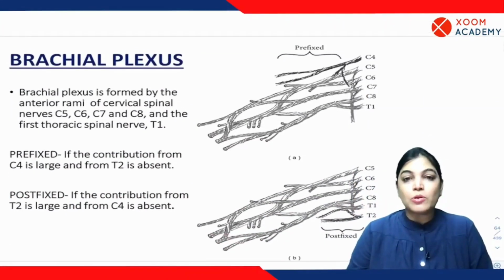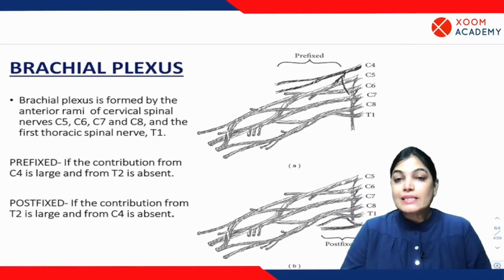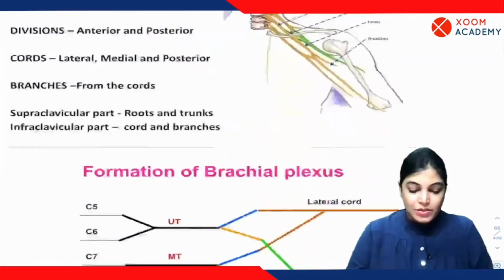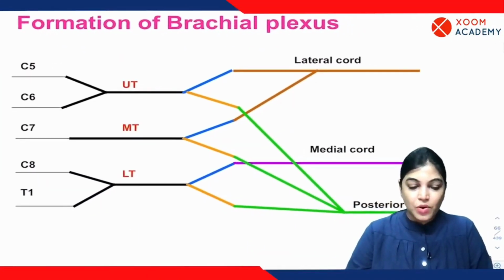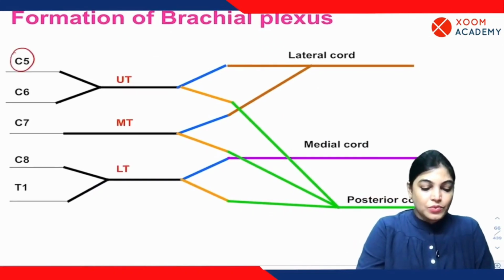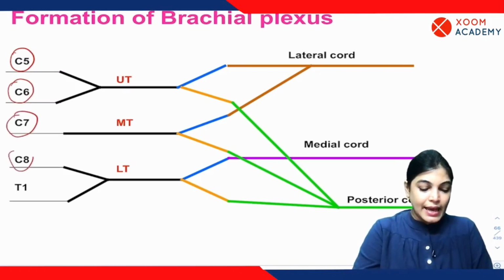If I talk about the formation of brachial plexus, primarily it is formed by the ventral rami of C5, C6, C7, C8 and T1. I want to come to this image. Before that, I just want to show you this. When you see this diagram, you can understand the formation of brachial plexus. See here, these are the nerve roots: C5, C6, C7, C8 and T1.